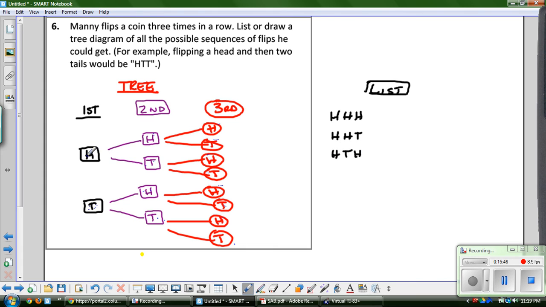Tails, heads, tails. Tails, tails, heads. Tails, tails, tails. Now the list confirms what we found out in our tree diagram, that there are 1, 2, 3, 4, 5, 6, 7, 8 possibilities if you flip a fair coin 3 times in a row.